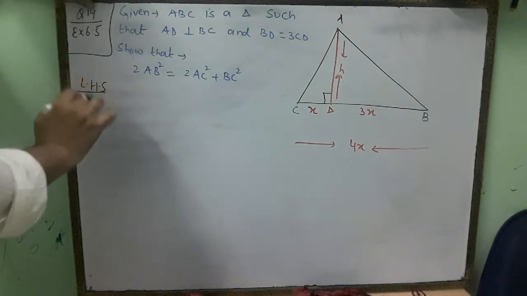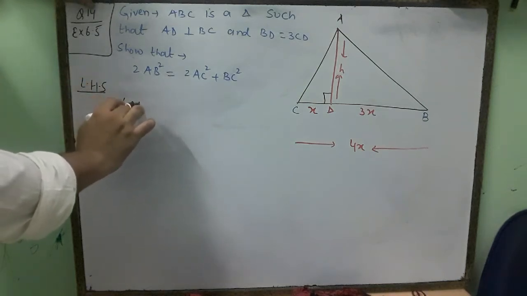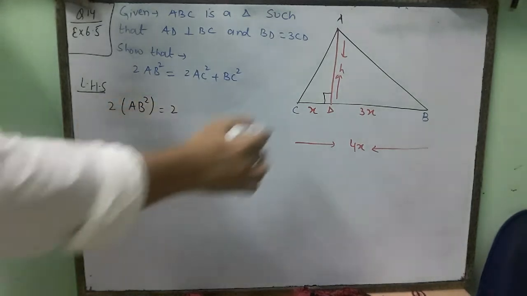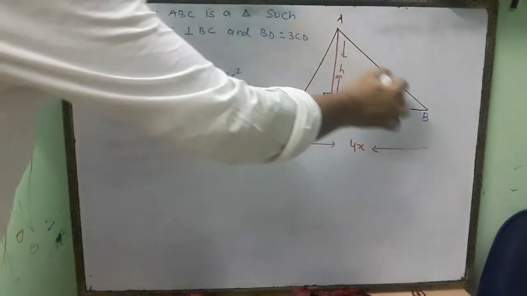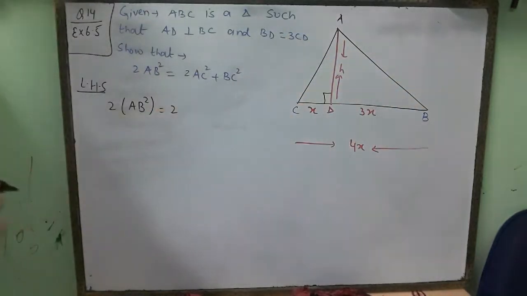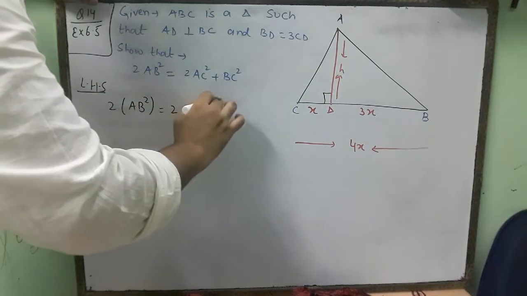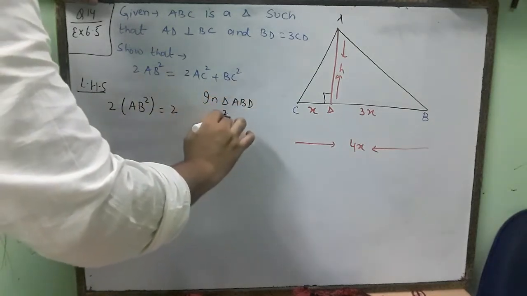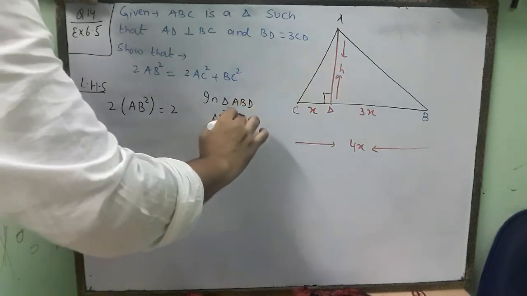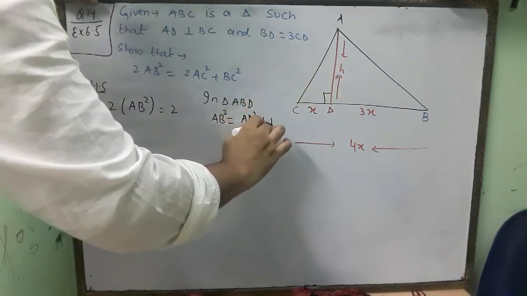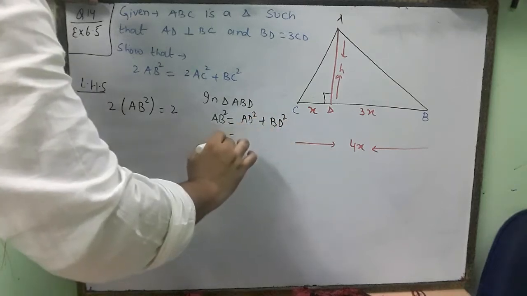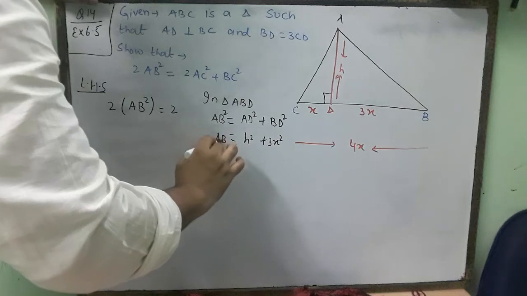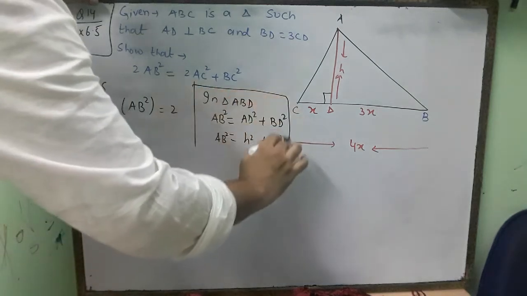Write LHS. In LHS it is 2AB square. It will be written as, see this one, in triangle ABD, AB square will be AD square plus BD square. It will be h square plus 3x square, this will be the value of AB square.